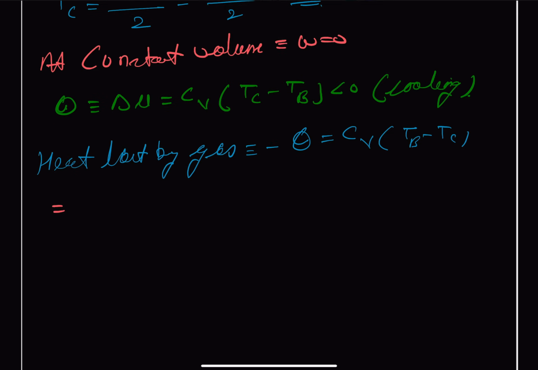This will be equal to 3 by 2 times R, and we have 850 minus 425, and this gives us 1275 upon 2 times R.